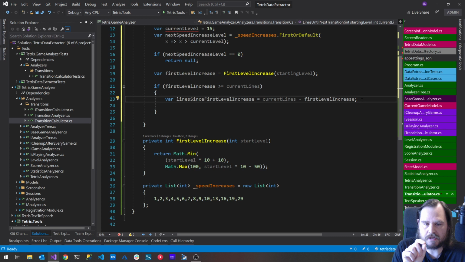So in this case, if you started on 15 and you're at 105 lines, we want to say that you're on 16 right now. So that's the current level. We're 25 away.